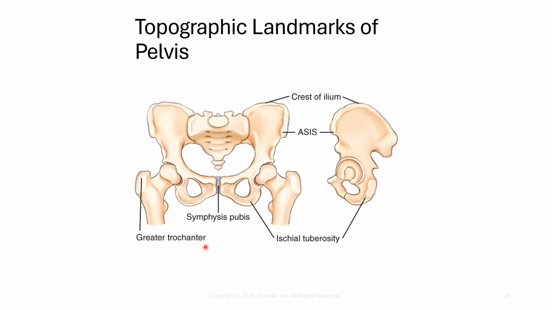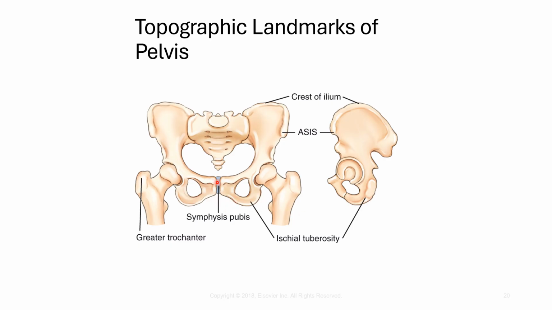This next picture kind of shows it a little bit better though. This is your iliac crest. This would represent your ASIS. So this is looking at the patient from an anterior aspect. This would be looking at them laterally. So ASIS, iliac crest, ischial tuberosities are right here.